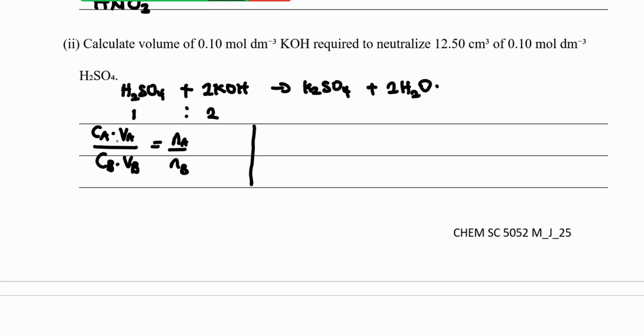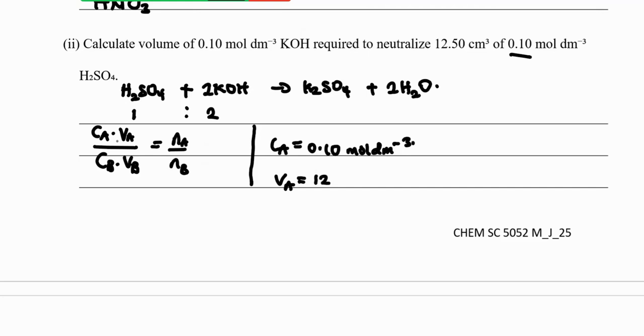The first variable is concentration of acid. Concentration of acid, based on the question, is 0.10 mole per dm cube. The next thing, volume of acid. Are we given volume of acid?